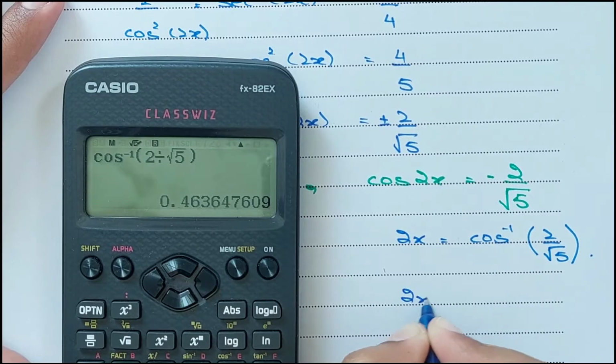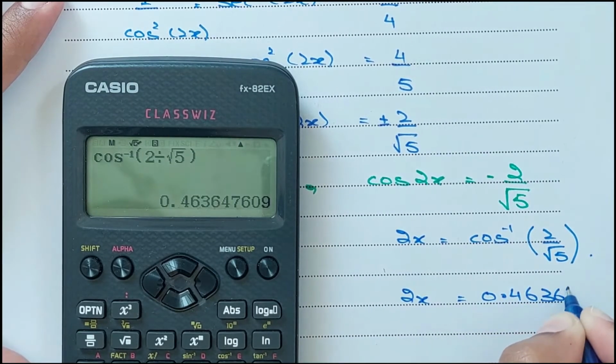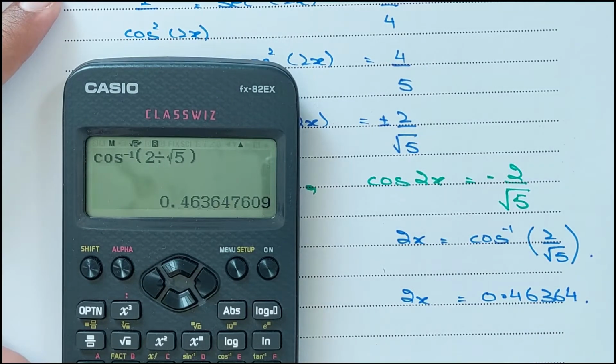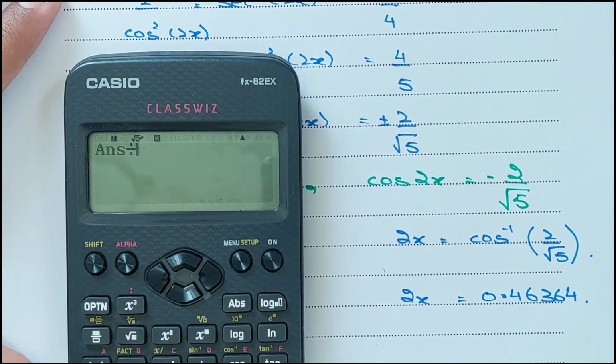So we can say 2x is equal to 0.46364, and for the second quadrant, we need to do pi minus that answer, and then divide it by 2.